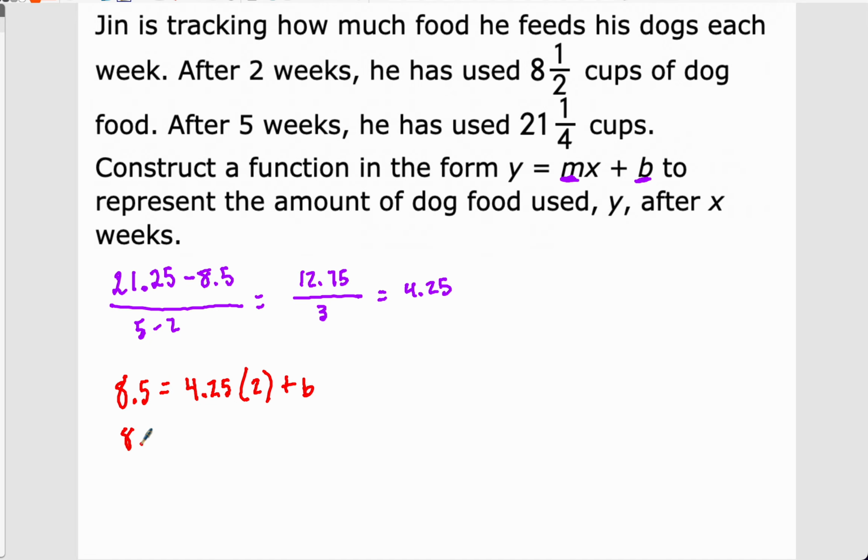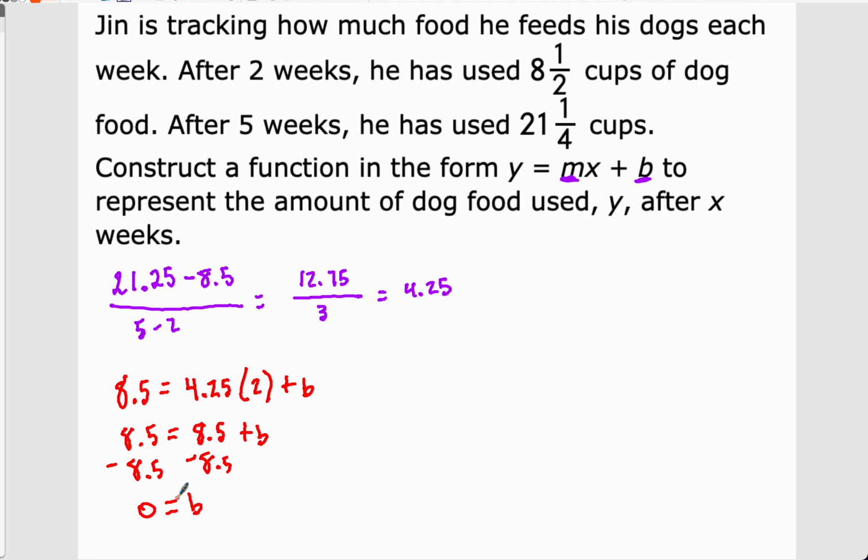So 8.5 equals 4 1/4 times 2, which is 8.5, plus b. And so if I subtract 8.5 here, 0 equals b. That tells me that my y-intercept is the origin.